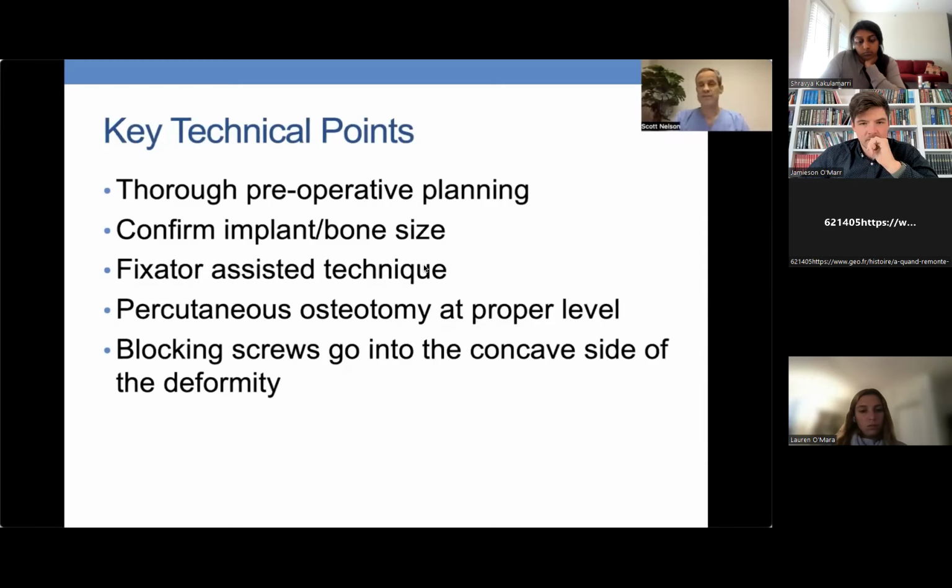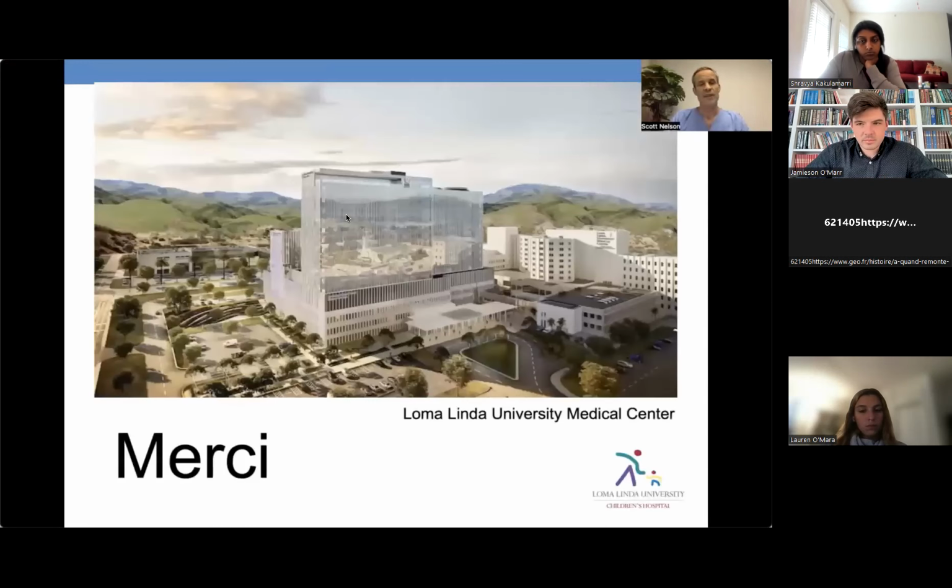And then using the fixator assisted technique, you can be much more precise and really have a nice correction exactly as you expect and as the patient expects. And by performing a percutaneous osteotomy at the proper level, it minimizes pain and maximizes rapid return to function. And then don't forget the blocking screws go into the concave side of the deformity. And thank you very much.